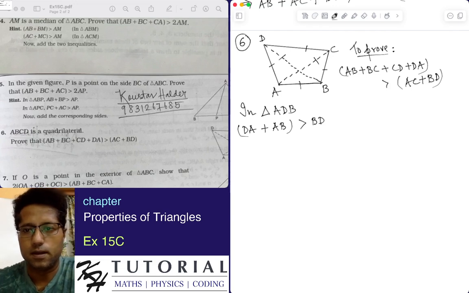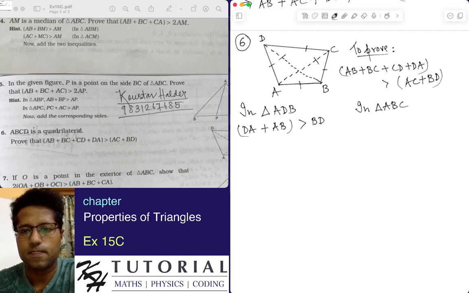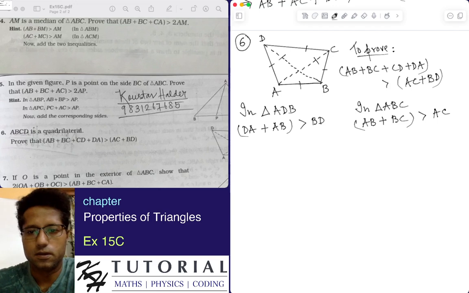Okay, and in triangle ABC, we can say that AB plus BC is greater than the diagonal AC. Let this be inequality 1, and this inequality 2.